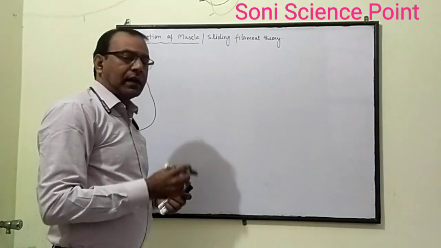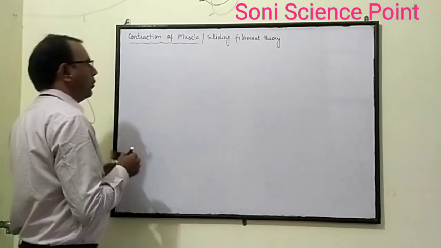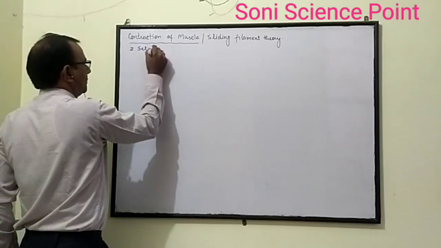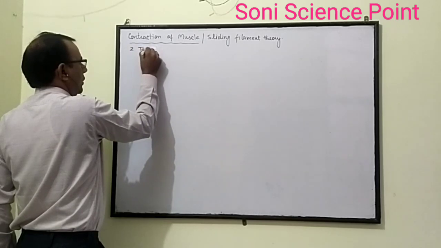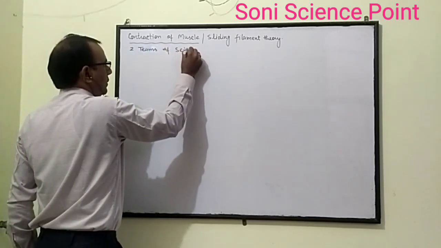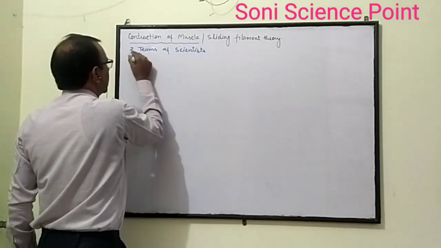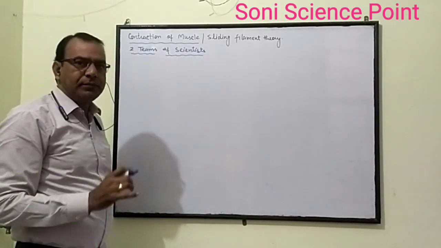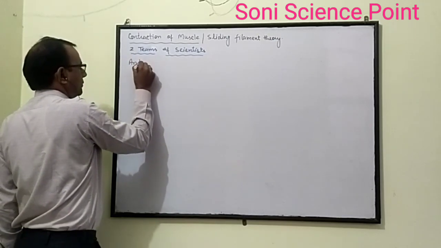First of all, the sliding filament theory and contraction of muscle were proposed by two teams of scientists. They proposed how muscle contraction can take place.